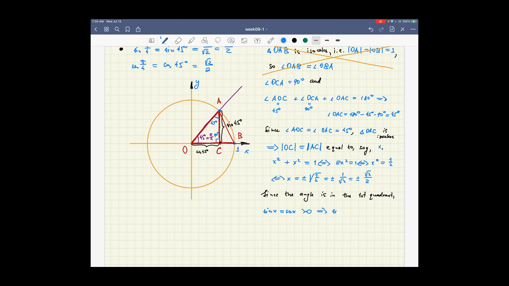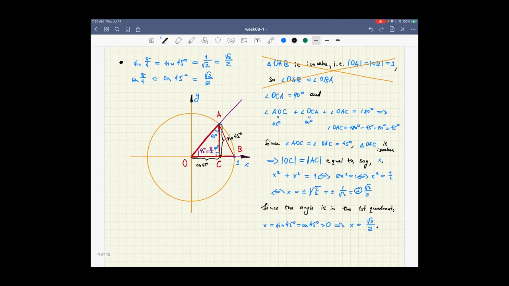Therefore, both sine of 45 degrees and cosine of 45 degrees must be positive. Therefore, both are the positive square root 2 over 2. And that explains the desired result.